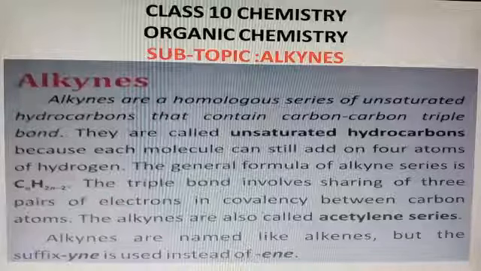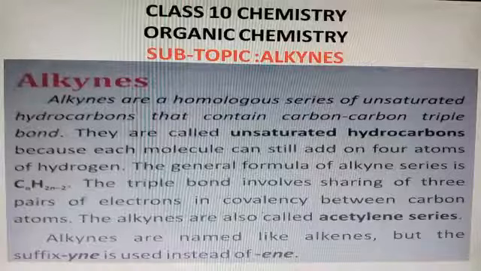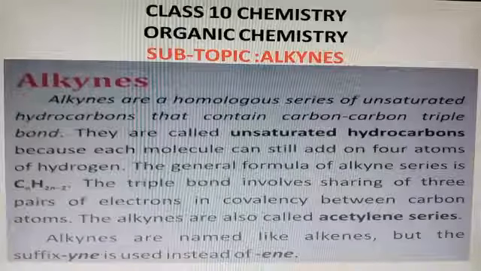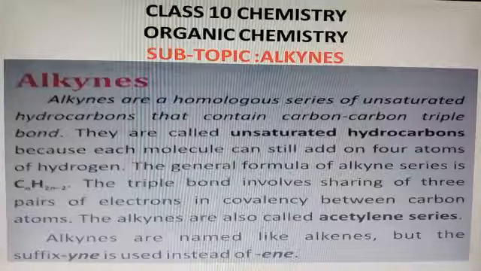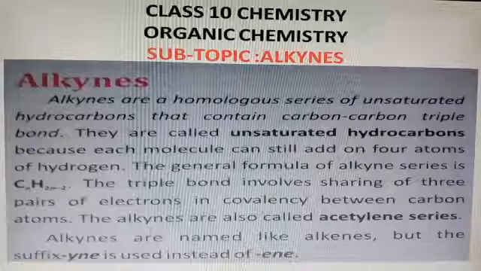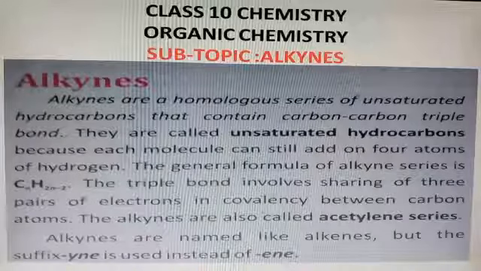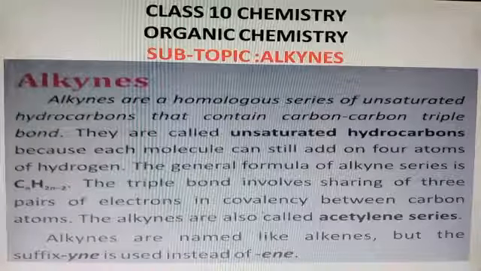If C is 1, then the compound will not form. At least 2 carbon atoms are needed because alkynes are compounds with at least a triple bond between carbon atoms. If there is one carbon atom only, the compound does not exist.